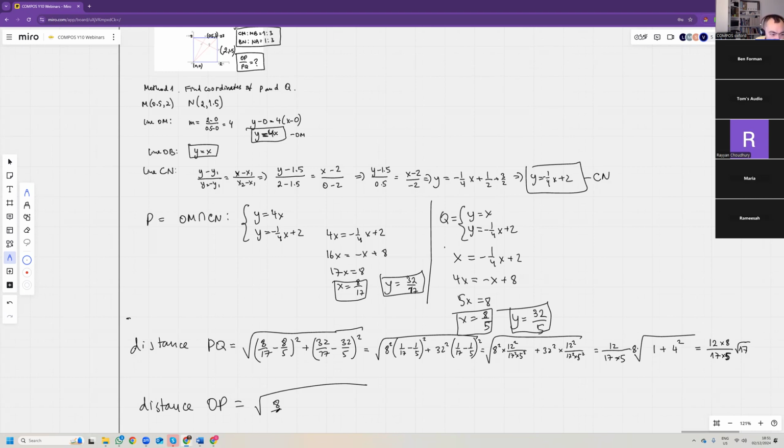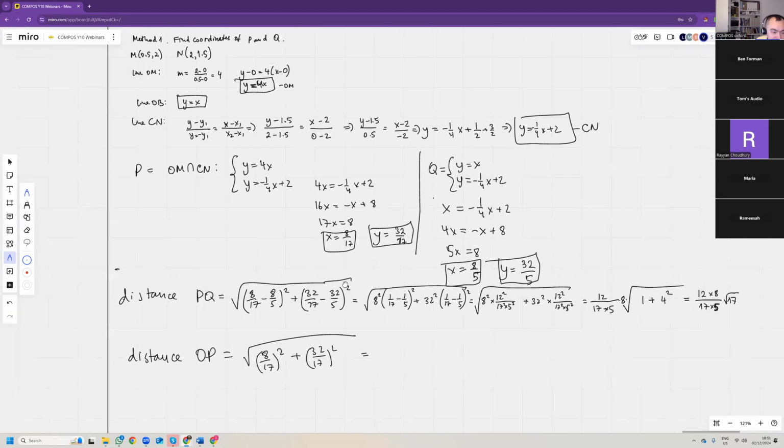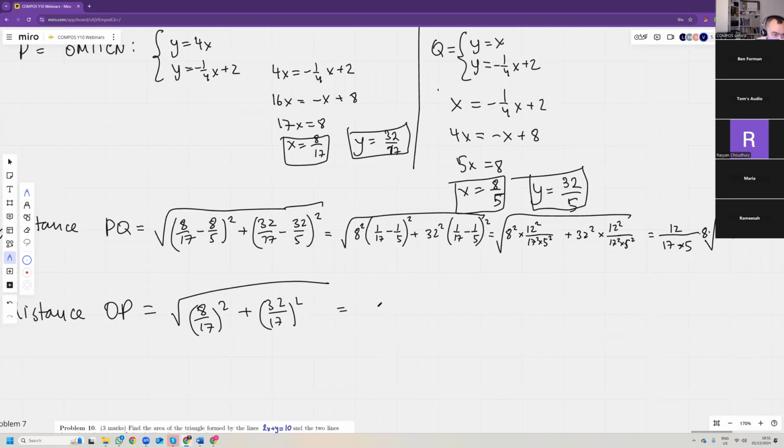So 8/17 squared plus 32/17 squared. 8/17 we can take out, and it's going to be 1 plus 4 squared, which is 8 root 17 over 17.